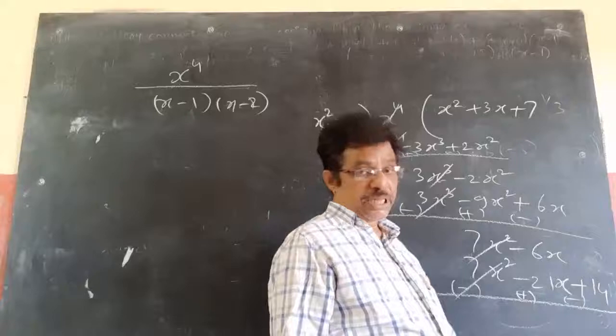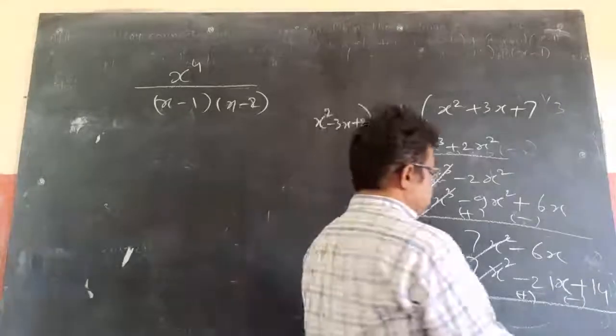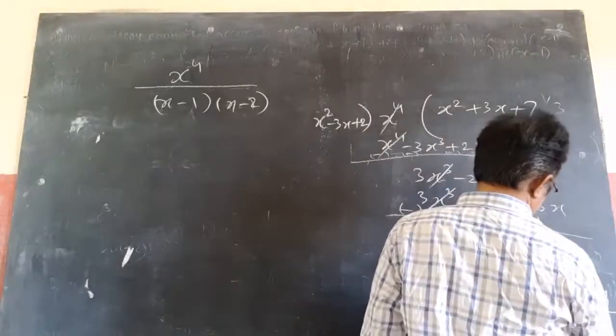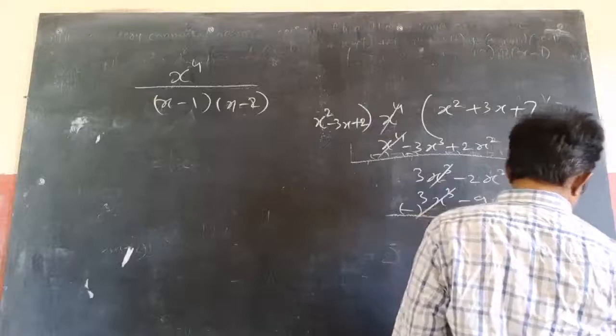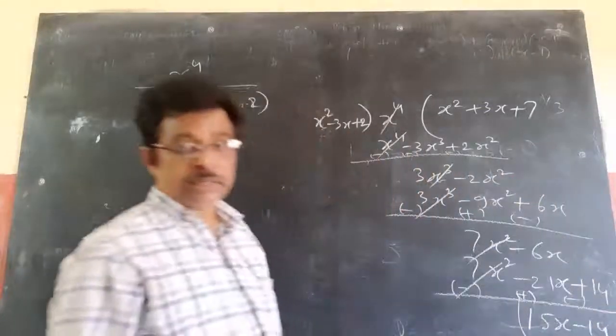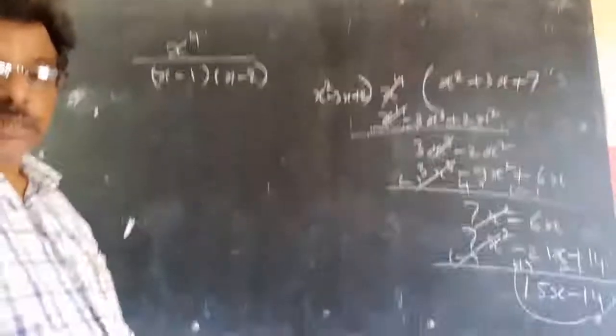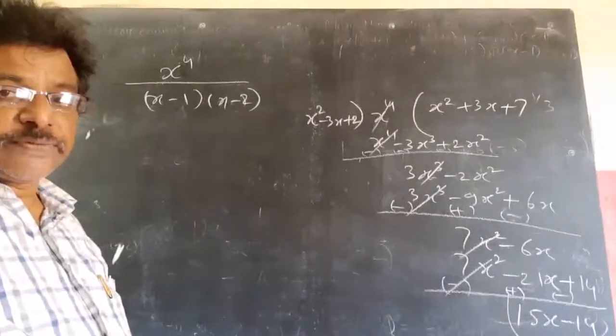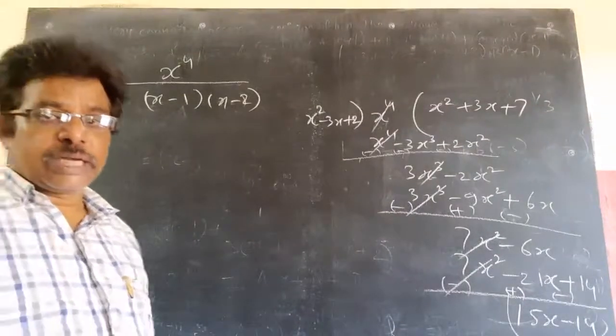Minus 6x plus 21x is 15x minus 14. 15x minus 14. So the remainder is 15x minus 14.